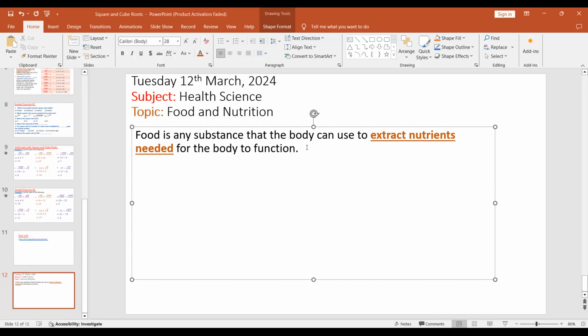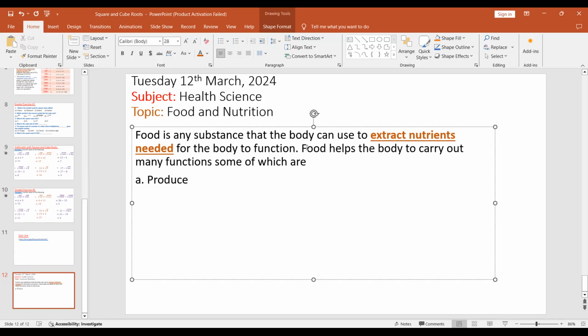nutrients inside of them. So food is any substance that the body can use to extract nutrients needed for the body to function, right? So food helps the body to carry out many functions, some of which are, number one, we need food to help us to produce energy, right?